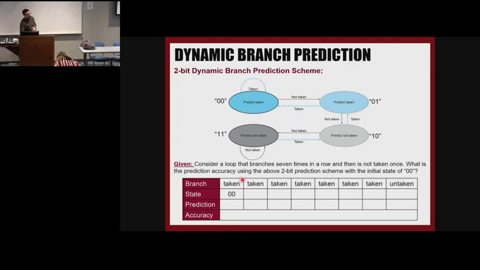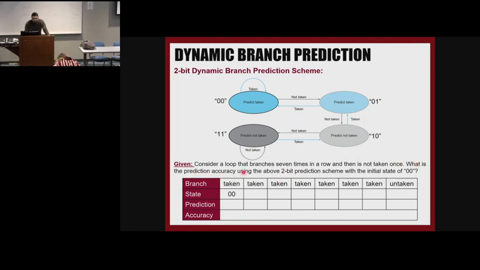Okay, so let's do this example. We have a loop that branches 7 times in a row, and then it doesn't take the branch once. Let's say there's a loop behavior, the iteration of the loop is whatever, 8 or whatever. So it takes the branch 7 times, and then it doesn't take the branch once.